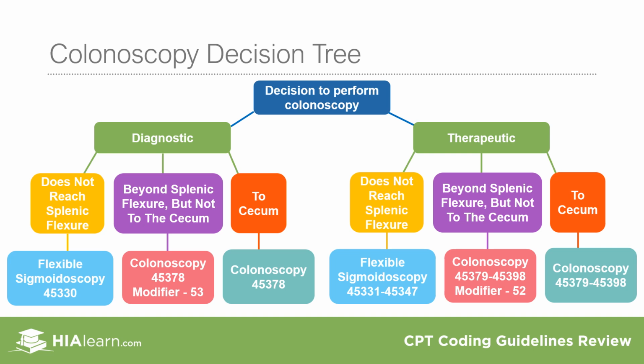For example, if a colonoscopy is diagnostic and the scope is advanced beyond the splenic flexure, but not all the way to the cecum, code 45378, colonoscopy, flexible, diagnostic, is assigned with a modifier 53, discontinued procedure, to indicate the procedure was terminated before the scope reached the fullest extent of the colon that should be examined to constitute a colonoscopy.